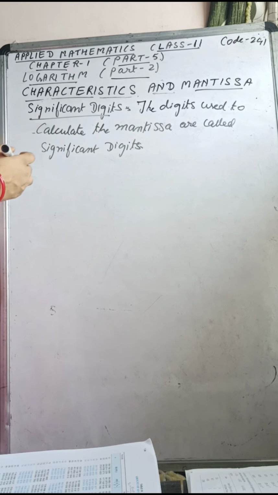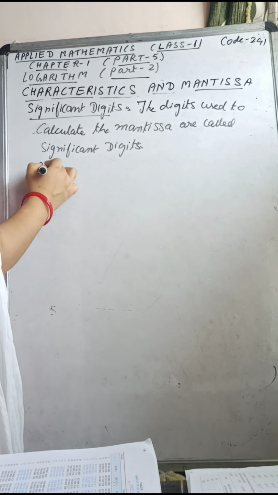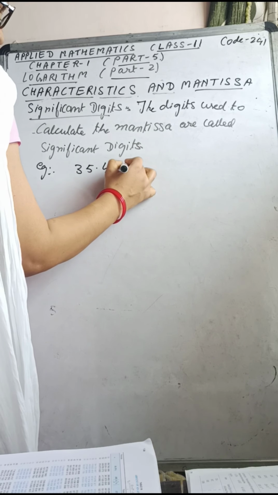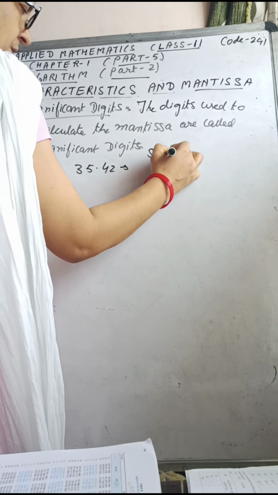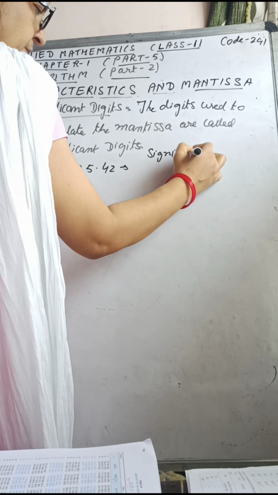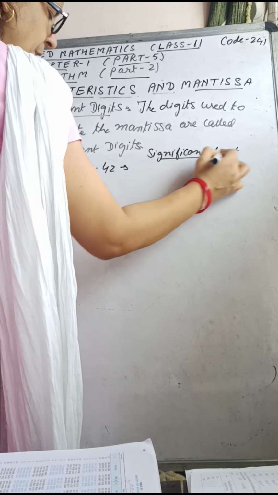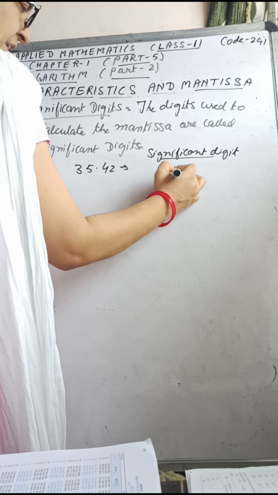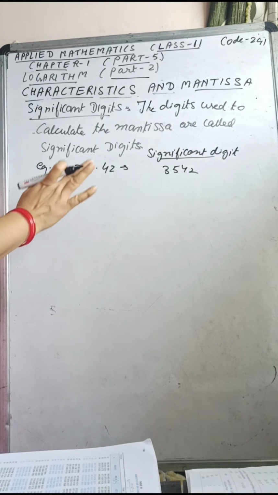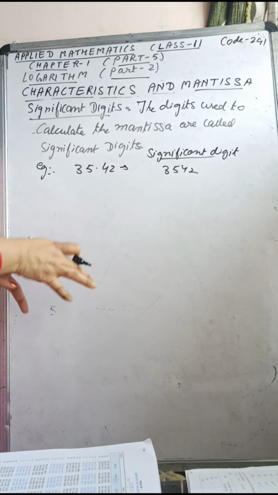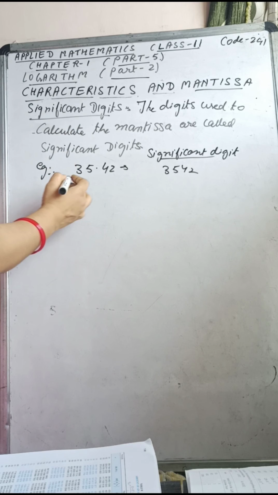For example, suppose the number is 35.42, so the significant digits for which we will find the mantissa will be 3542. I mean we will not see the position of the decimal. The position of the decimal is immaterial to calculate the mantissa, keep in mind.